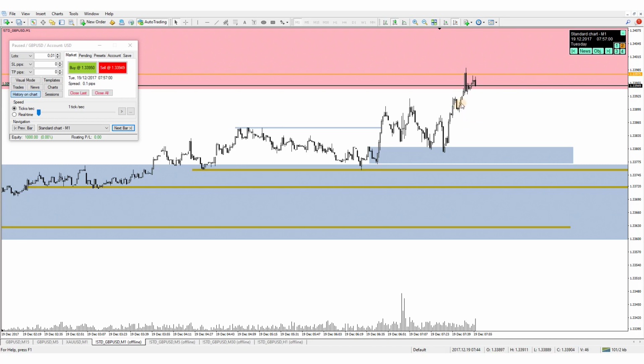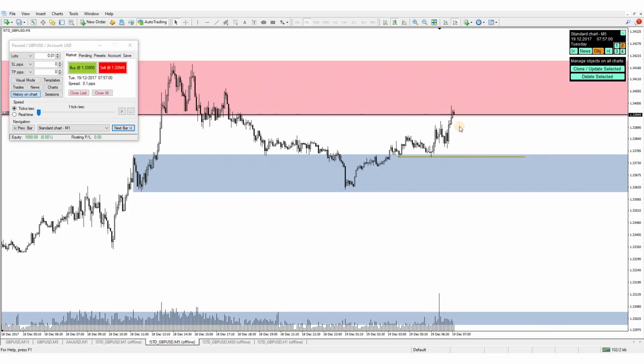But the important thing is that this whole move can be read, for me now, as a compression, but not finished, as I still don't see some kind of big push. Here could be, but the price still continued the move up. Let's check on the M5 how it looks. Yeah, rejection wick.